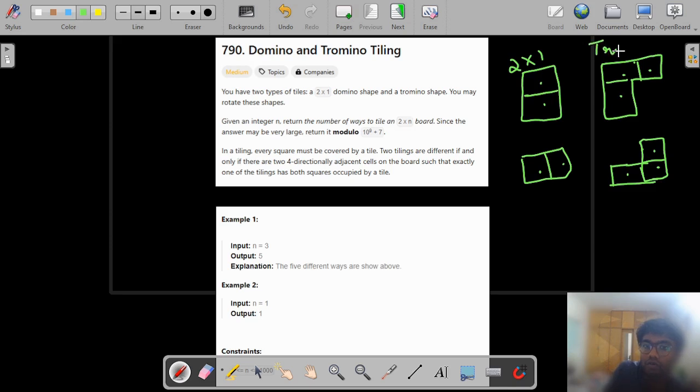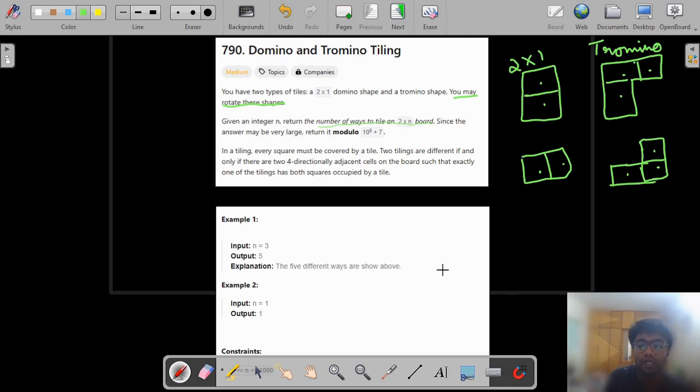This is a tromino, and this is a domino, that is either horizontal or vertical. It is also given that you may rotate these shapes, and we are required to find the number of ways we can tile a 2 x n board. So this is the question that we are looking at: the number of ways to tile a 2 x n board.